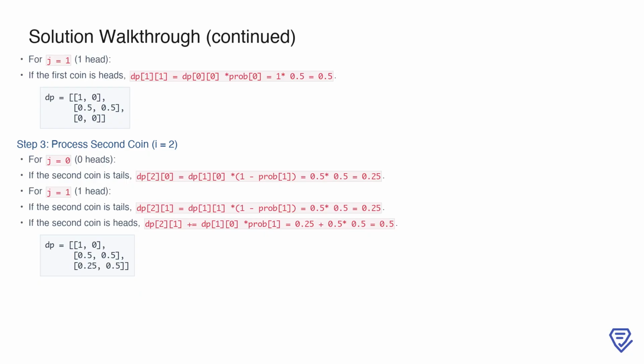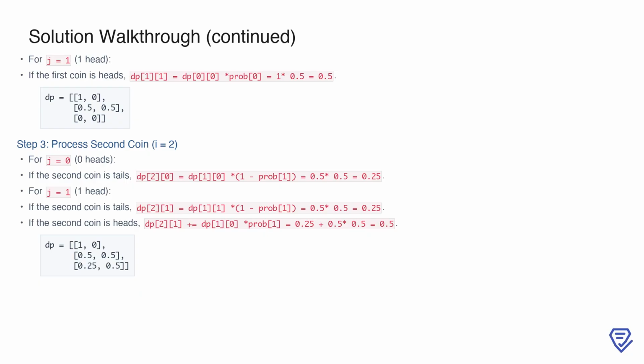Moving on to the second coin, we start with the case of 0 heads. If the second coin is tails, the probability is calculated as dp[2][0] equals dp[1][0] * (1 - prob[1]). Substituting the values, dp[2][0] equals 0.5 * 0.5, which equals 0.25. Then, for the case of one head, we consider both tails and heads scenarios.